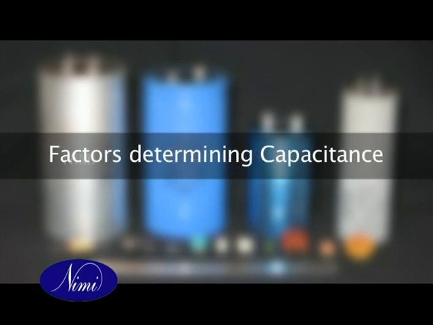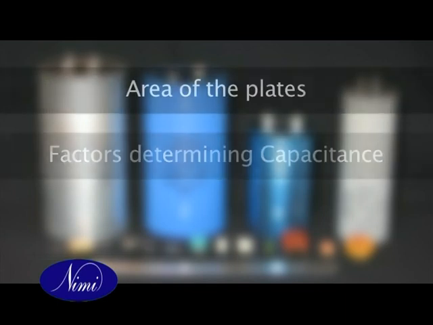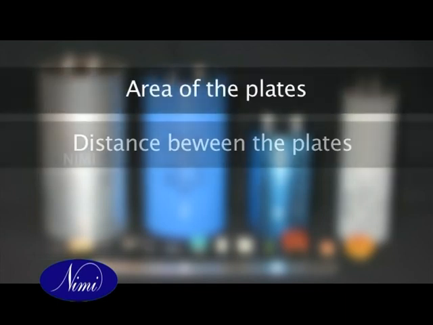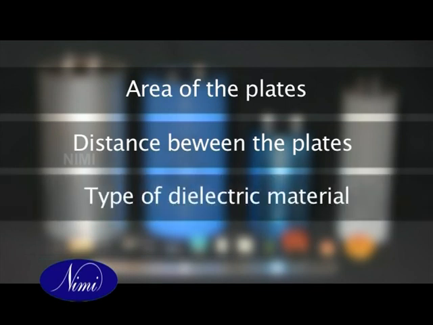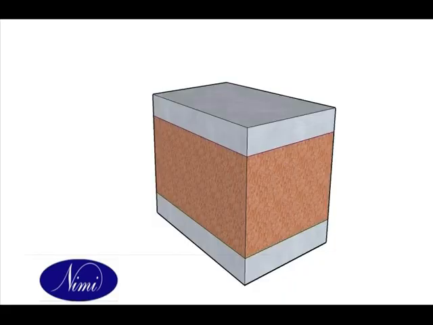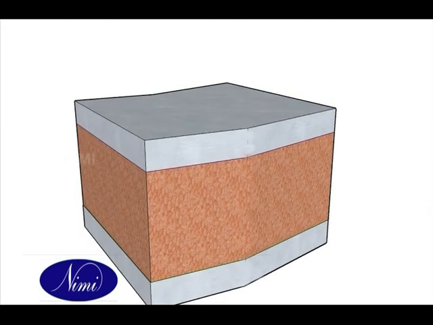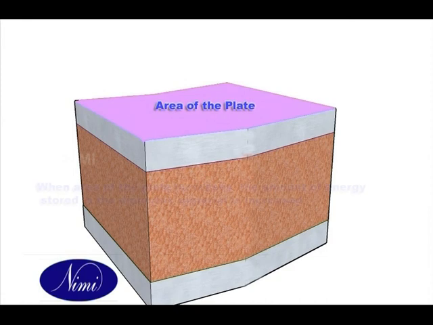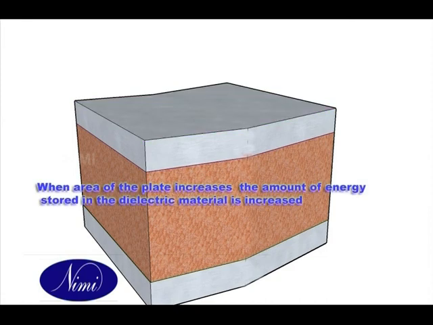The capacitance of a capacitor is determined by four factors: area of the plates, distance between the plates, type of dielectric material, and temperature. When the dielectric area is increased, the amount of energy stored in the dielectric material is increased, and the capacitance also increases.